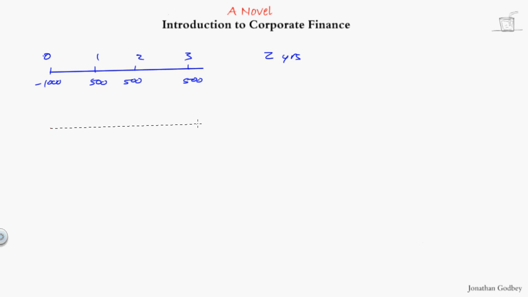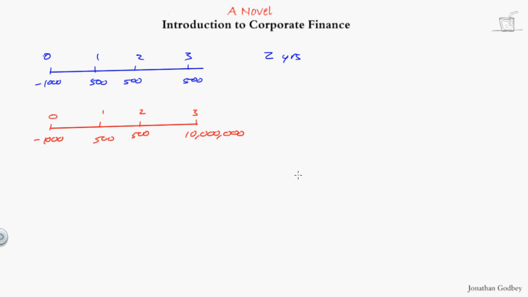Say you have a choice between the blue project and the red project. Which one would you choose? So they're identical the first 2 years, with paying $500 and $500. But in year 3, the red project pays you $10 million.